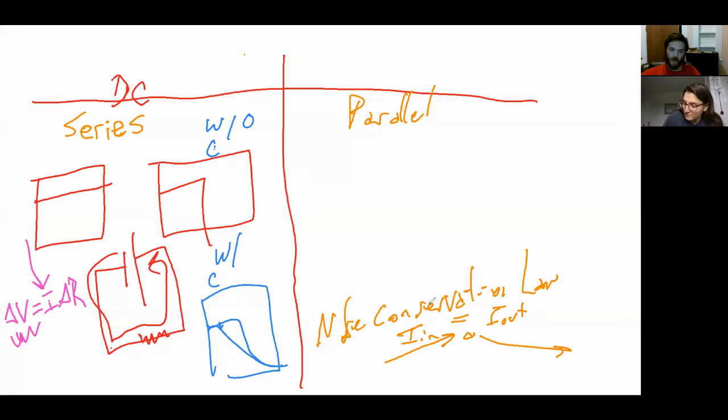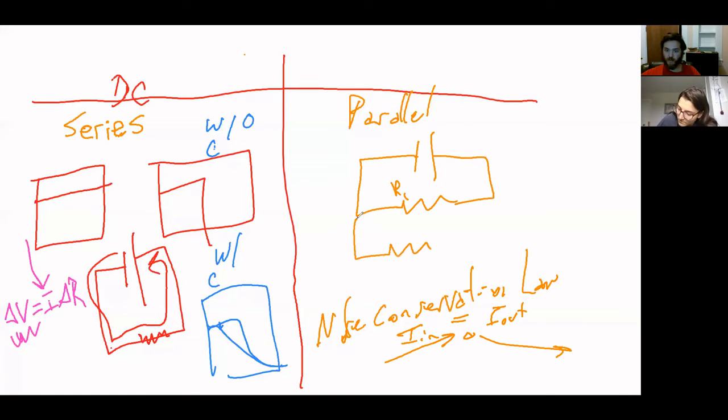Okay, so I will then talk about a parallel circuit where delta V is not necessarily equal to delta R. And then we'll talk about how we can then picture them as being the same, right? So we've got resistor 1, and then here we've got resistor 2.